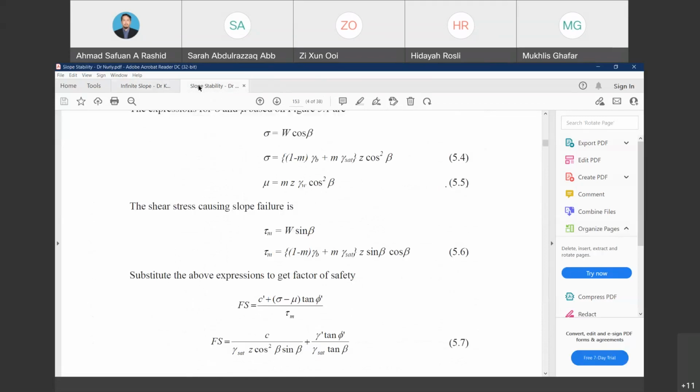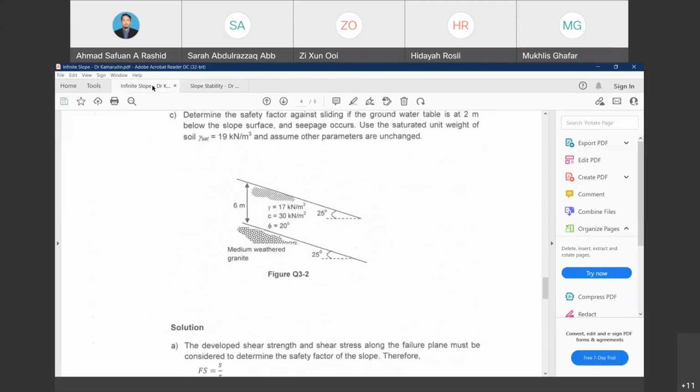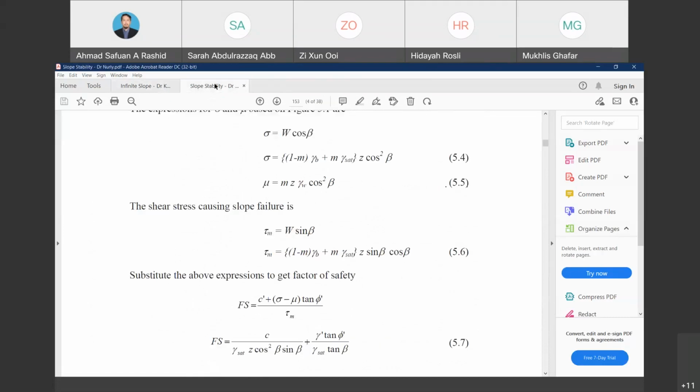Again, C is 30 plus 90.4 minus 33, tangent phi is 20 over 42.